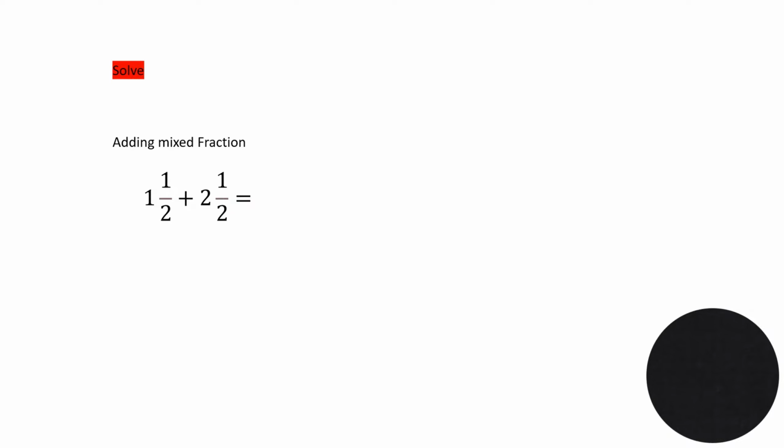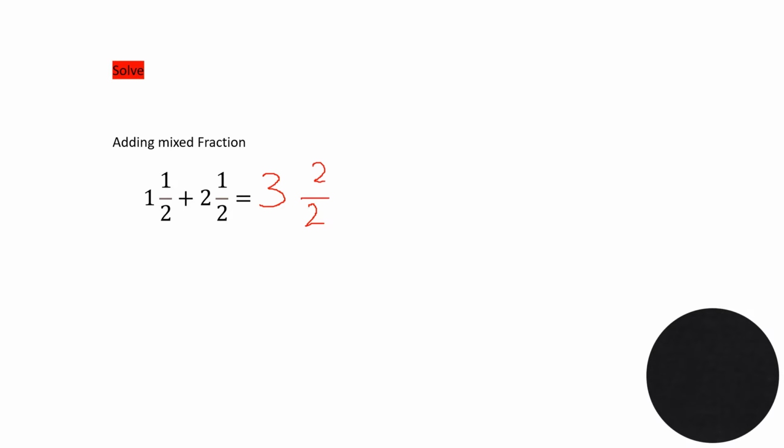And 2 plus 1 is 3. And you're going to write back the denominator because they are the same. So we don't need to solve for any number because they are not different. Whenever they are the same, you write back the denominator, which is 2. And then you add the numerators, that's 1 plus 1 is 2.